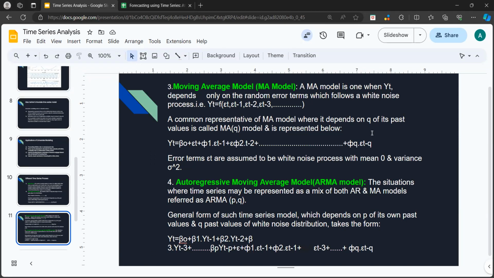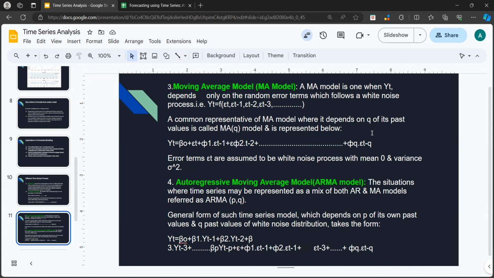Y_t can be represented as beta naught plus beta 1 Y_{t-1} plus beta 2 Y_{t-2} up to beta p Y_{t-p}. As you can see, this is the AR part. We have understood that ARMA is a mixture of the AR(p) and MA(q) processes.